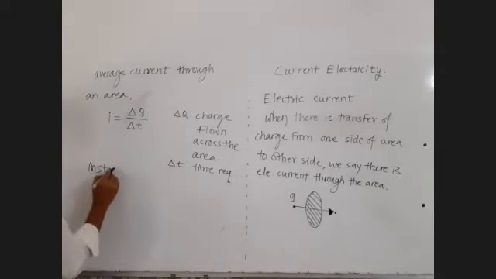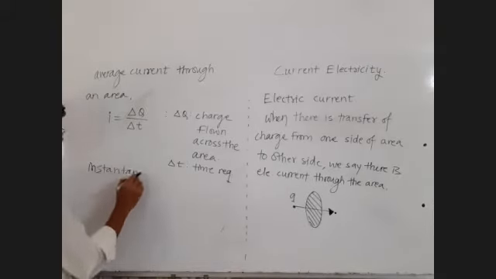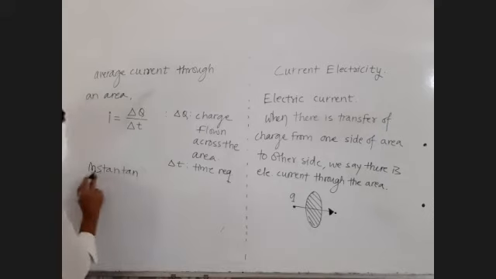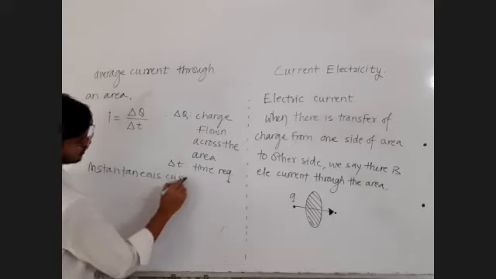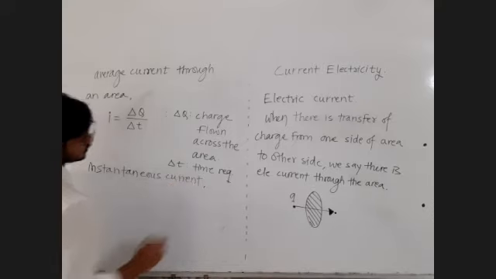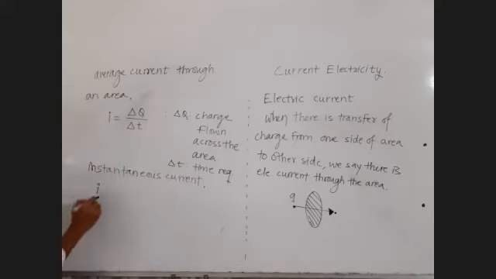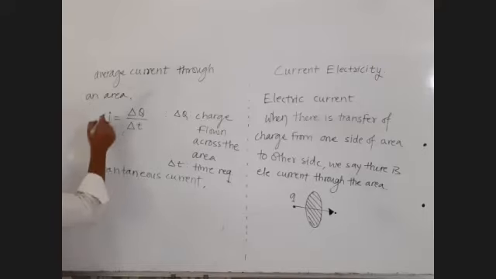Okay. Instantaneous current you can write at a given instance of time. You can also write instantaneous current as I, or you can write this as capital I, this as small i, no problem.